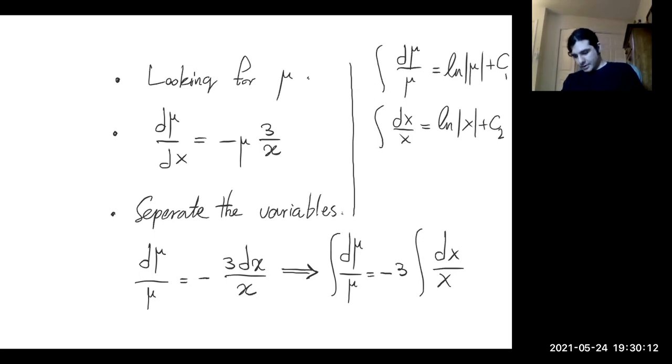Since we are setting them to be equal, we get that ln of absolute value of mu is equal to, well, we had minus 3 there outside of the integral, ln of absolute value of x plus a constant c.